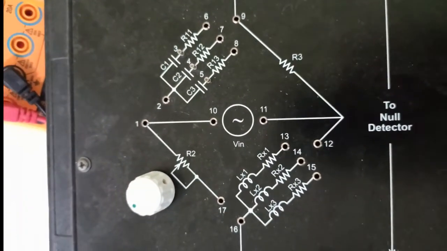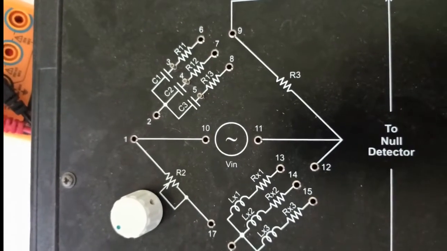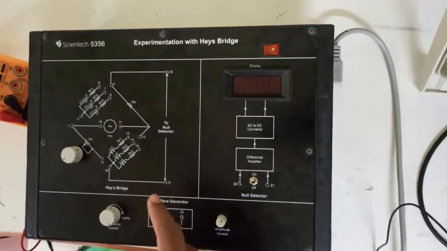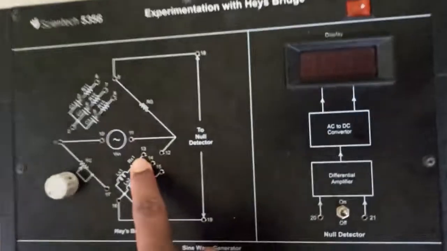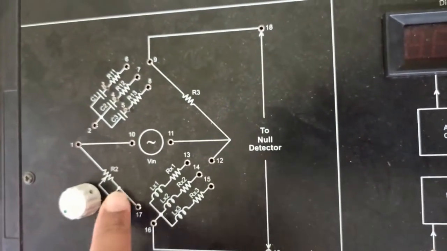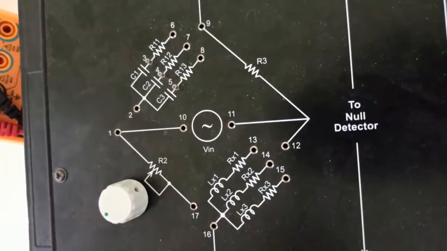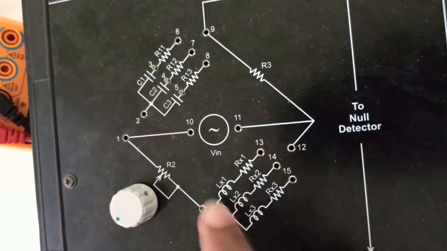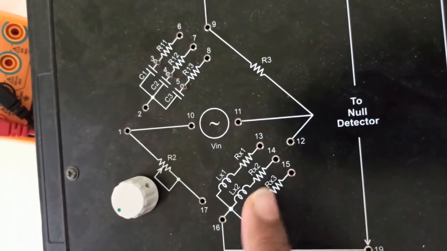Coming to Rx1, Rx1 is equal to omega. So by using those formulas, you can find unknown inductance and unknown resistance. All values are given in the manual except this R2. We measure R2 by using a multimeter. After measuring R2, you can find unknown inductance and unknown resistance. You can also find quality factor.